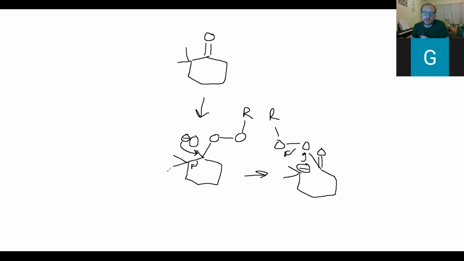There's another way, you could think about this happening also by essentially doing the migration first. And maybe I like this one better. They ultimately are saying the same thing.